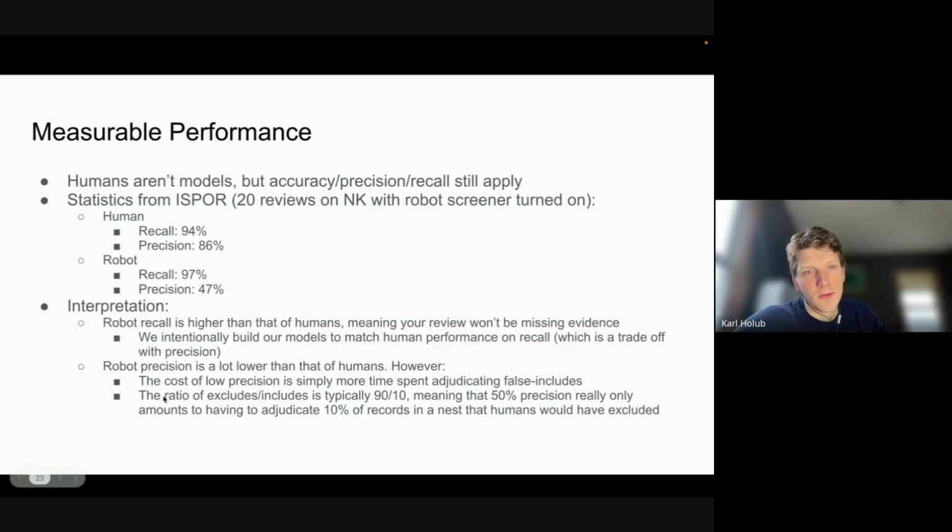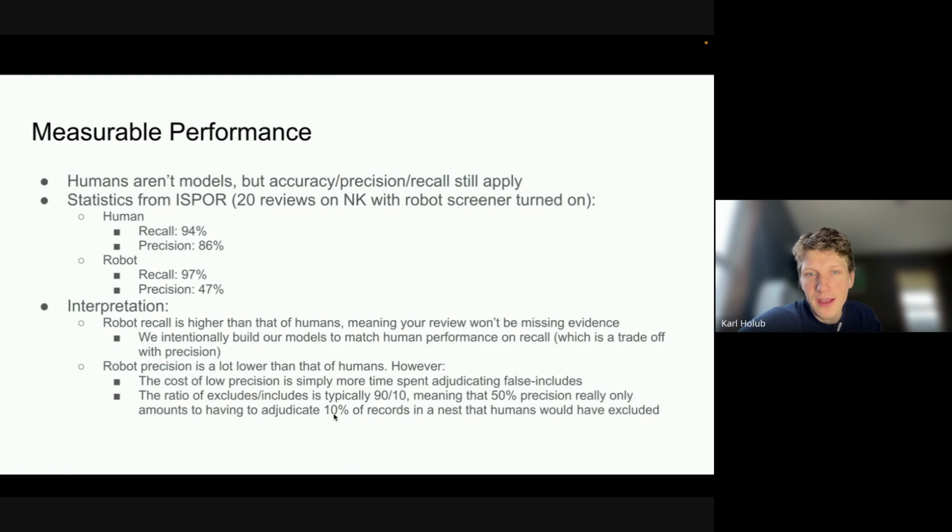The reason we're okay with that: number one, it protects how comprehensive the review is. And number two, false includes usually aren't that big of a deal in terms of time savings. If you recall, the average inclusion rate in a review is about 10%. So if we false include about 50% of the time, with a precision of about 50%, it means that about 10% of our records will be false includes by the model.